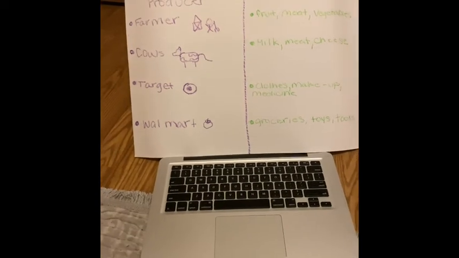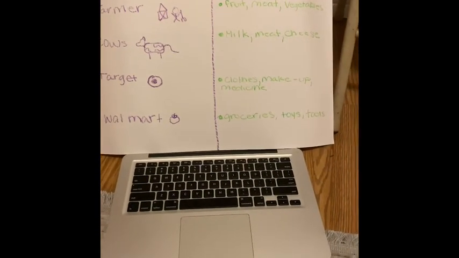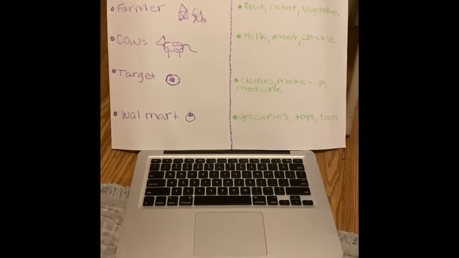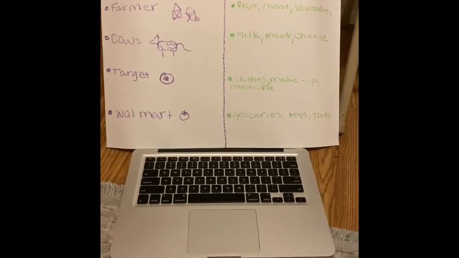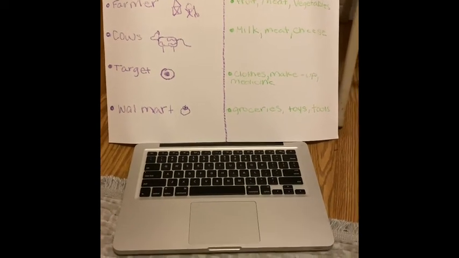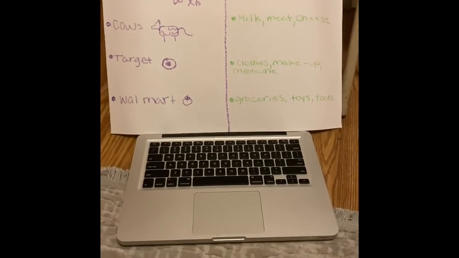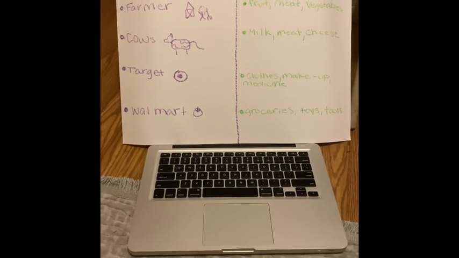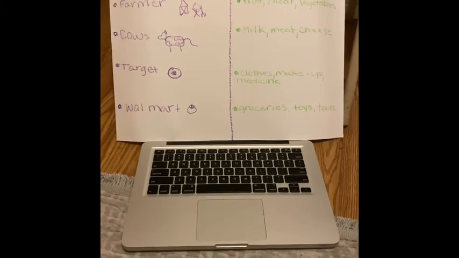And then they have what they would buy from those producers. So a farmer, you wouldn't necessarily buy anything from a farmer, but what farmers produce are fruit, meat, vegetables, and so much more. Cows, they produce milk and meat and cheese.